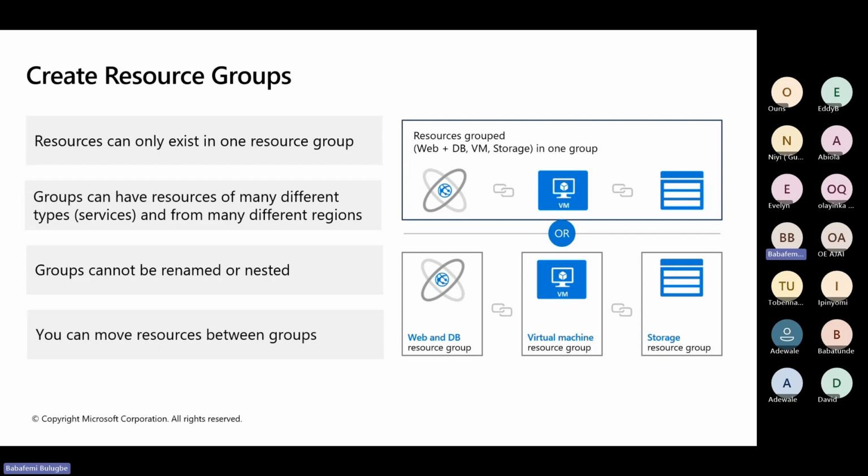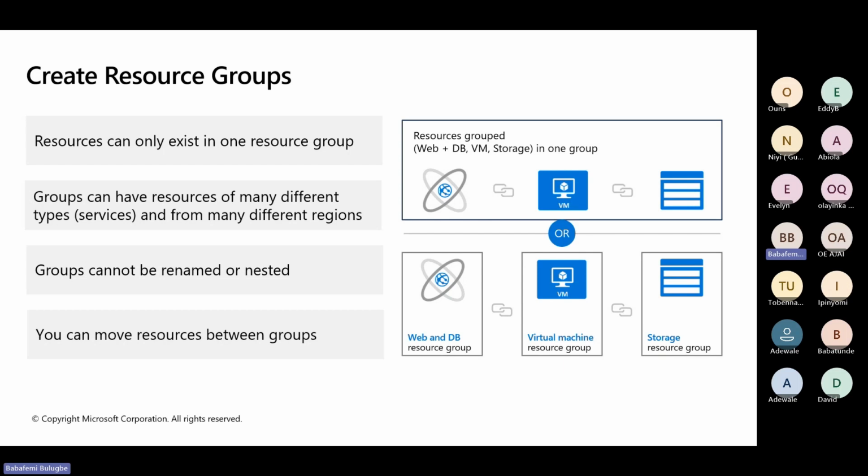So I can create a resource in West Europe, create another resource in East Europe, another one in East US or US East, US South, whatever the name of the region, and have all those resources added to just one particular resource group. So you can have different services, different resources, created and added to just one resource group.